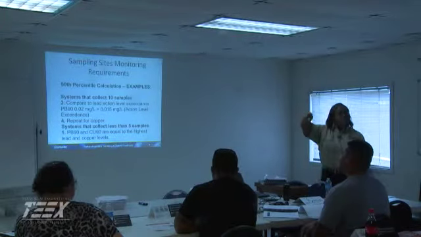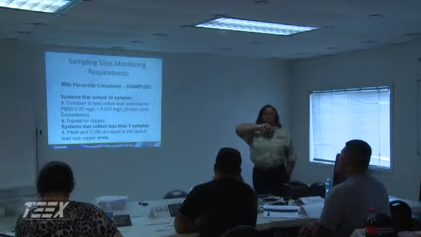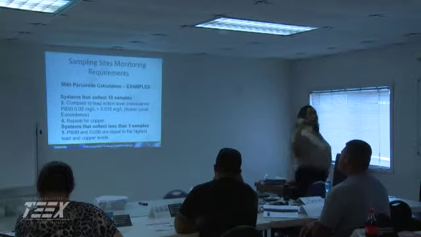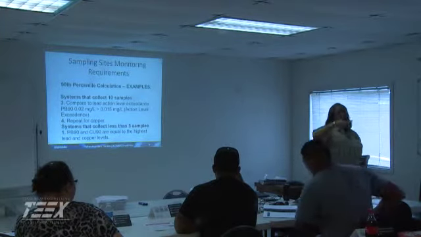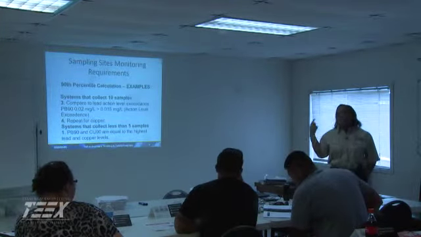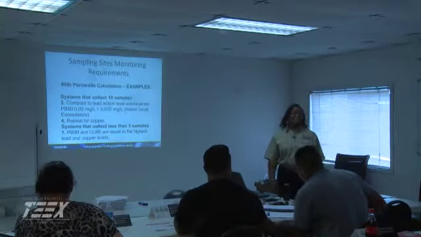So my 18th sample would be my 90th percentile. That's the one I will compare. So this shows you can have those ones that will spike up, but is that particular sample greater than your action level determines whether or not you've exceeded. Does it make sense? Okay, good.